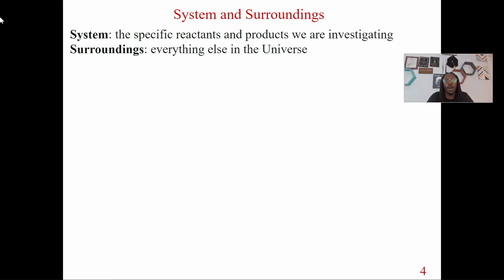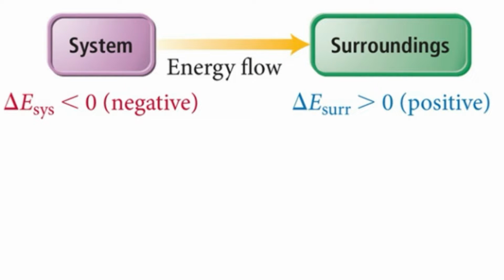And if I say surroundings, think of surroundings as everything else. So if it's not my reactants or products, that's my surroundings. Everything else in the universe is what we call it. So for instance, let's say that our system gives energy to the surroundings.